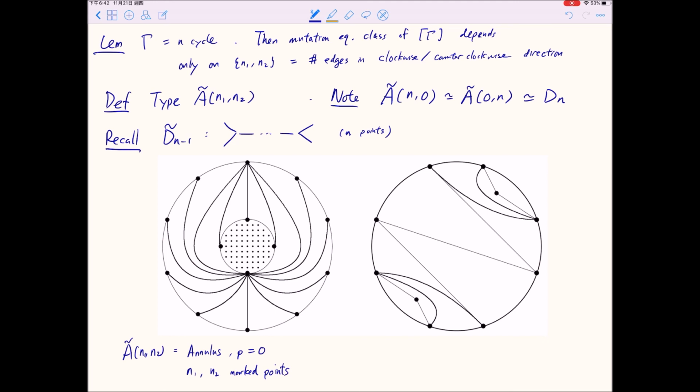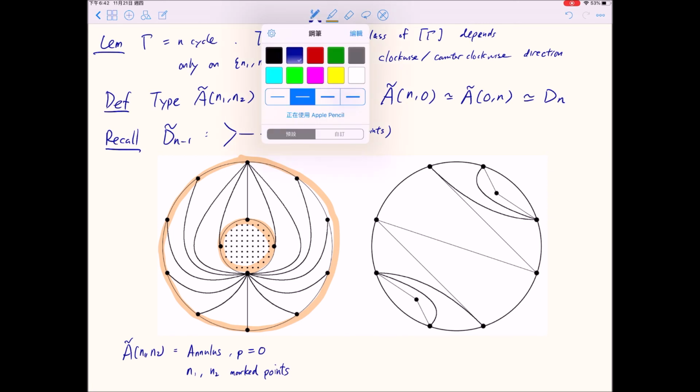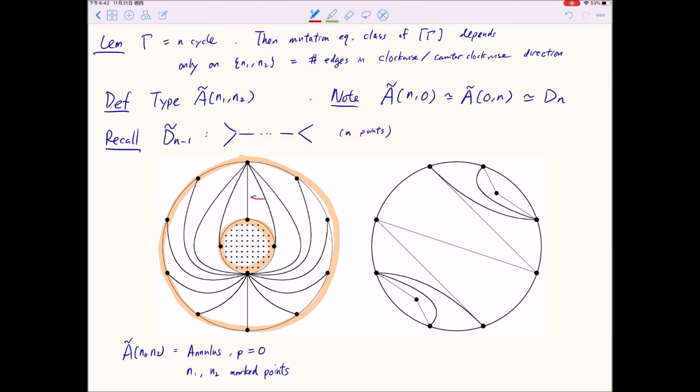An annulus has two boundaries, and on each boundary you have n1 marked points and n2 marked points, and then you draw out the corresponding triangulations. Then you can see easily that this will give you the necessary quiver.